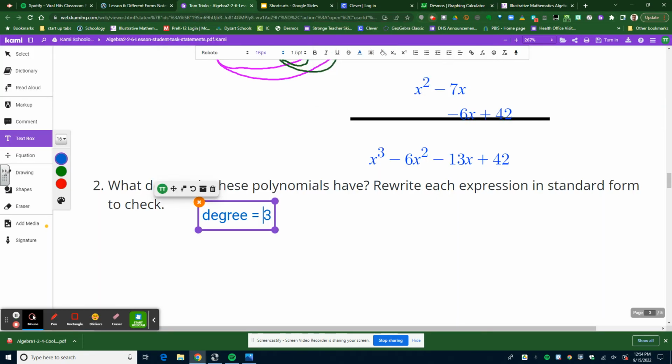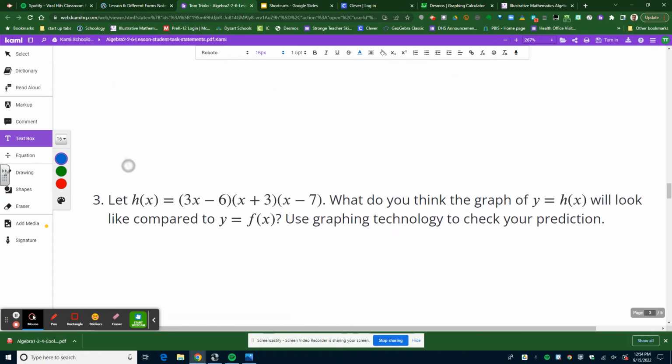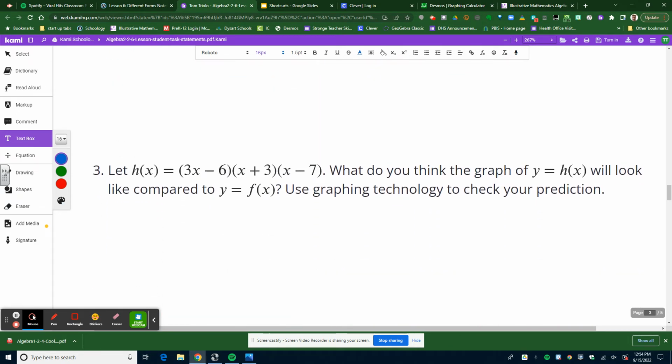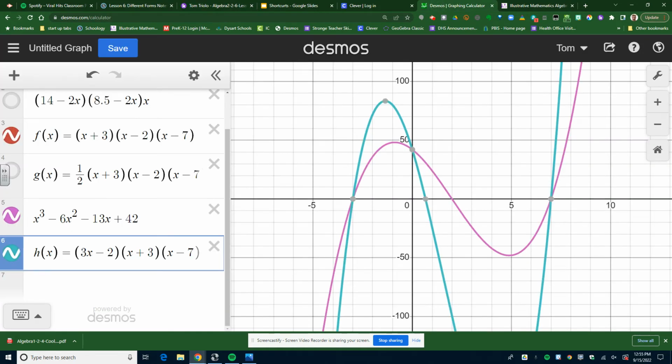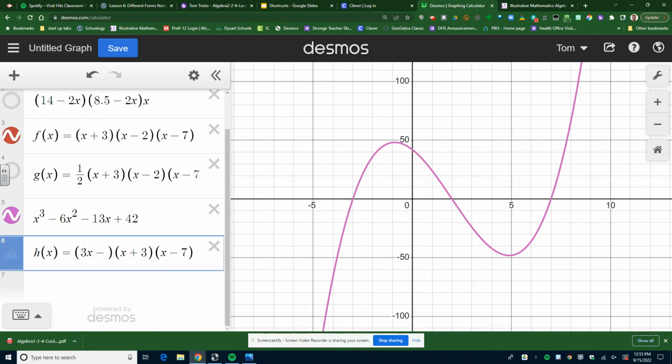What is going on? So use graphing technology to check your prediction. What do you think is going on here? So we've already kind of done the graph part. Got a little Florida, Miami heat colors going on. I know. I'll fix it. She's always keeping me in check. Okay.